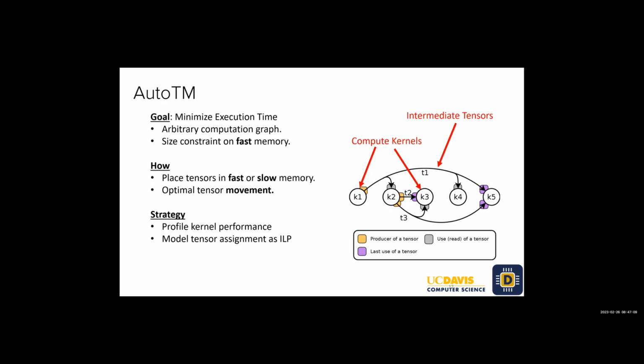So at compile time, when you're creating the computational graph, you can look at it statically and do some analysis. So we asked, can we find a way to optimally move and place these tensors for this compute graph? We profiled each of these kernels with tensors in either slow memory or fast memory, then set up an integer linear program and asked the optimizer to find the optimal place for these tensors, given the constraint that there's a fixed amount of fast memory, a fixed amount of DRAM.